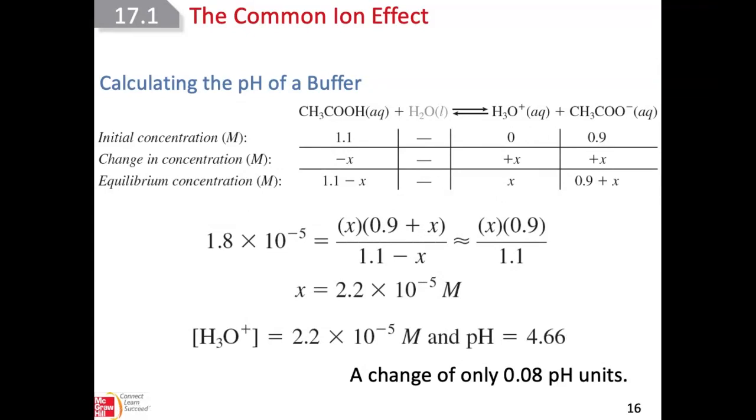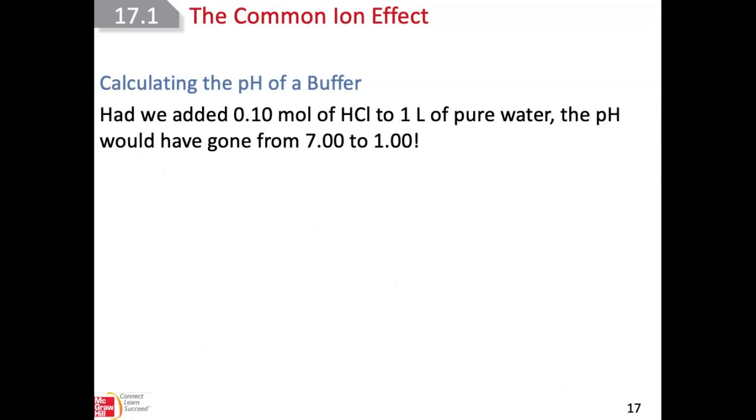So the buffer is a solution that will not change pH that much if a strong acid or a strong base is added to it. But imagine if we take the same amount of HCl and add it to 1 liter of water. So do you see the pH of the water is 7. But if I am adding 0.1 mole HCl to 1 liter solution, then the pH will go to 1.